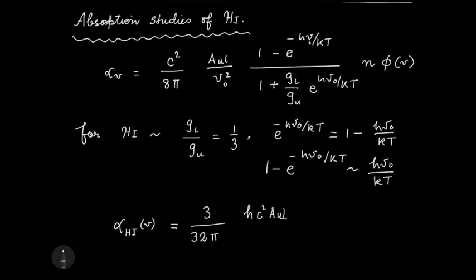So 3 by 32 pi h c square A_UL by nu 0. So I'll get one nu 0 here, and there are two nu 0 downstairs, so one of them survives. Apart from that, I have n by T phi nu.